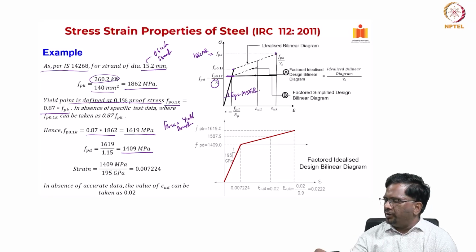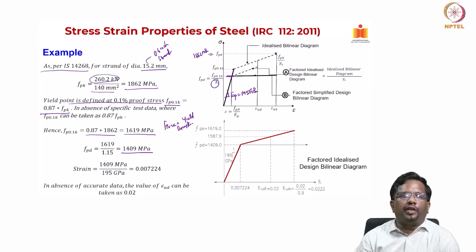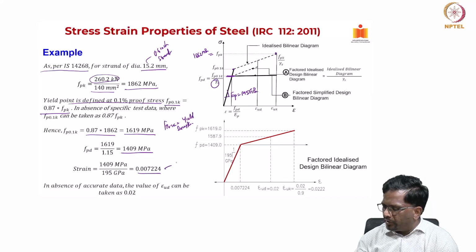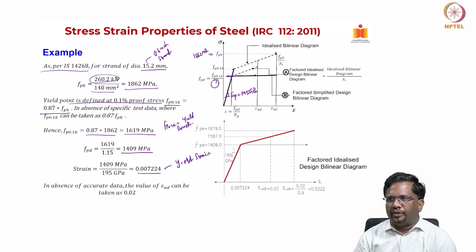You know the stress, 1409. 1409 divided by 195 gigapascal will give me this strain. So this is nothing but your yield strain.